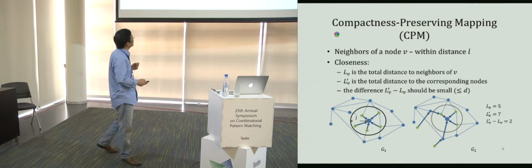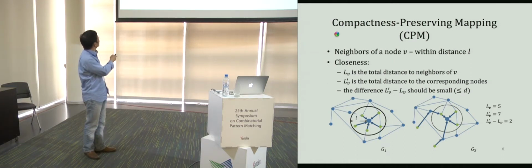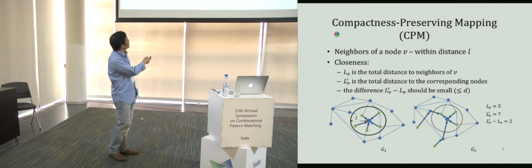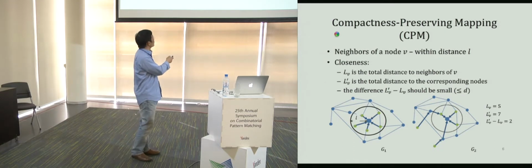Okay, I hope it is clear that if we say this L is 1, these are the direct labels of V, and here we say that the images of these labels are not direct labels of the image of V if we allow D equal to 2, okay?